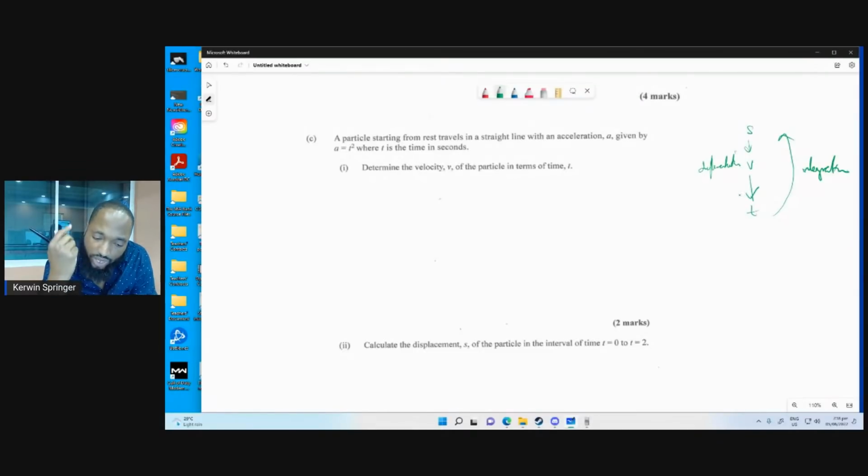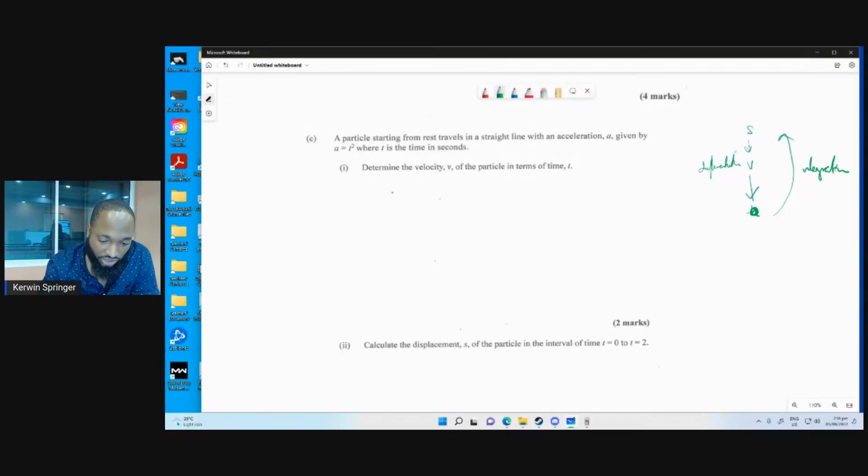All of this is being done with respect to time. You differentiate displacement, you get velocity. You differentiate velocity, you get acceleration.